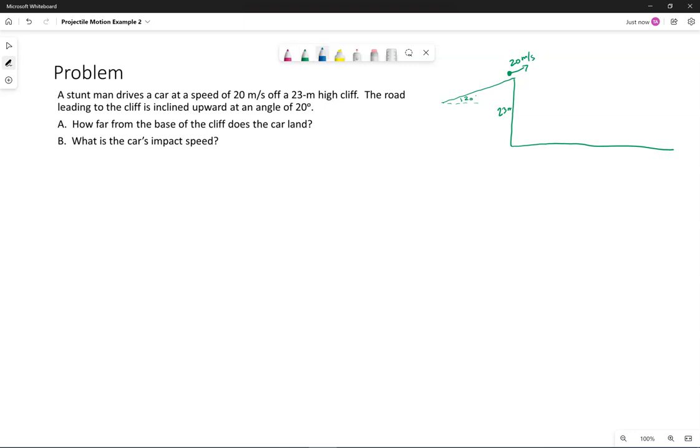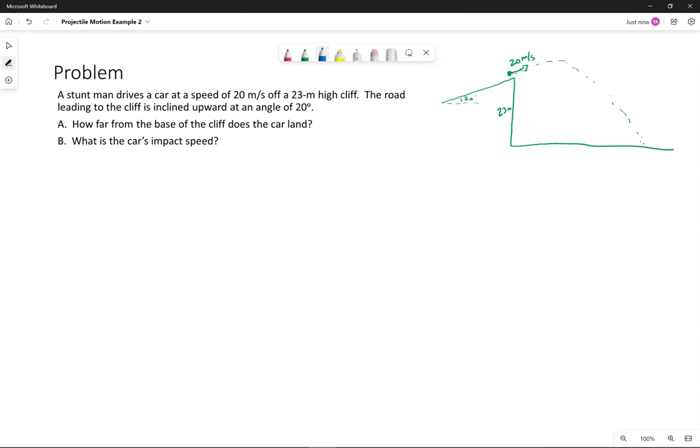So we know this car, as soon as it leaves the cliff, it's going to continue through parabolic motion. And that was really a terrible attempt at drawing a parabola.